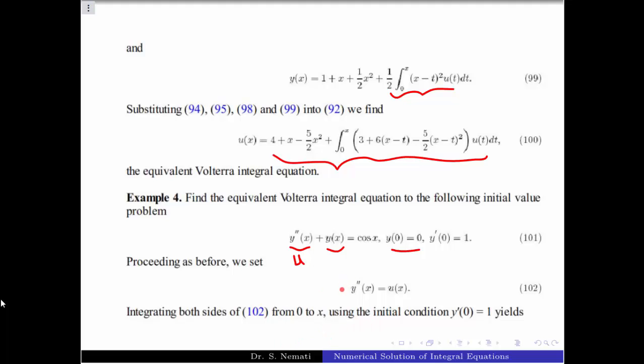By integrating both sides of this expression, we have here y prime of x minus y prime of 0. Y prime of 0 is given, so we have y prime of x equals the integral of u.